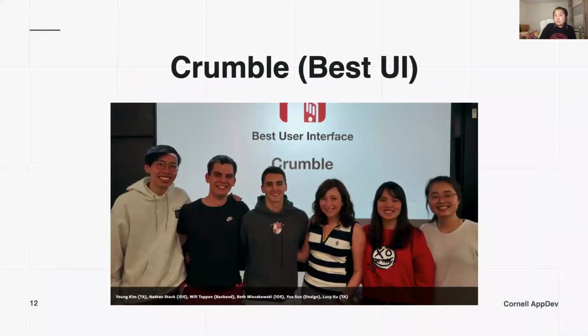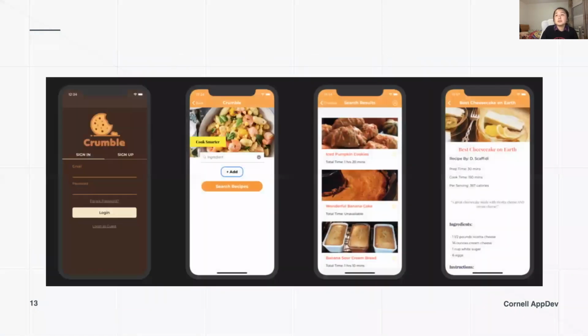This is another app that also won an award. This app is called Crumble, and it won the Best UI award. Crumble is an app that allows you to search up recipes based on ingredients that you have. As you can see, it's designed very nicely, and it looks great.